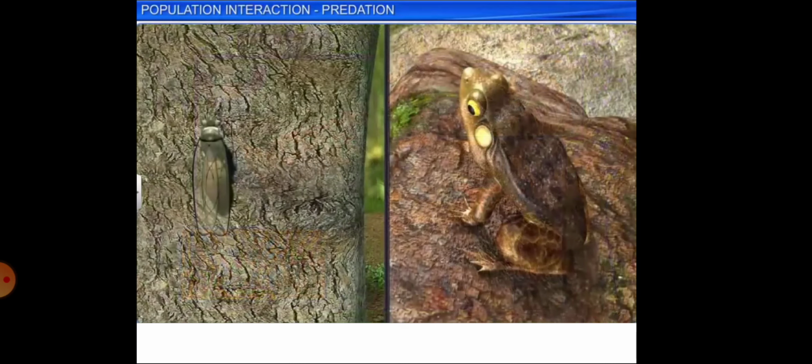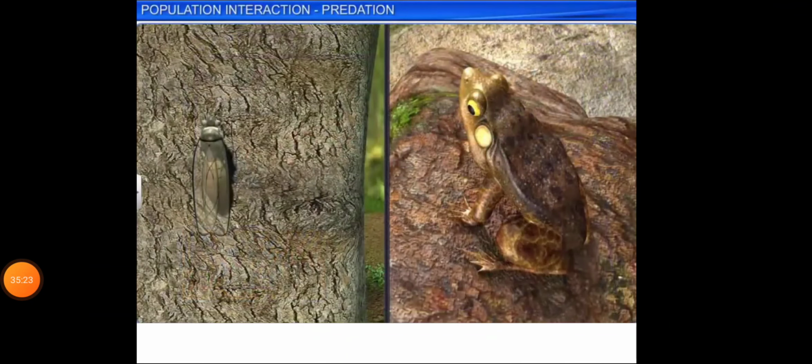Several prey species too have evolved various defenses to lessen the impact of predation. Some species of insects and frogs use camouflage to protect themselves from predators.